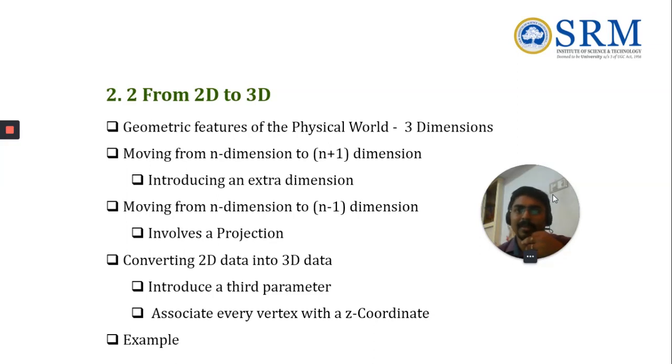So whenever we go for an extra dimension, we add one dimension, but when we go for a projection, that involves n minus 1 dimension. From that, how to convert 2D data to 3D data by introducing a third parameter, and how the vertices are associated by using z coordinates. So these are the things for 2D to 3D.